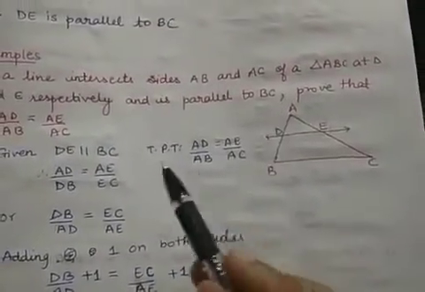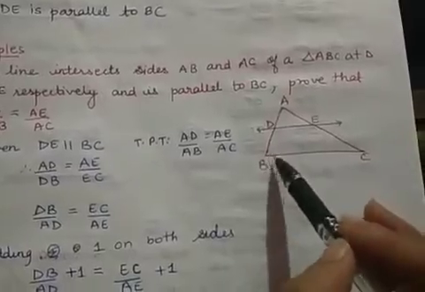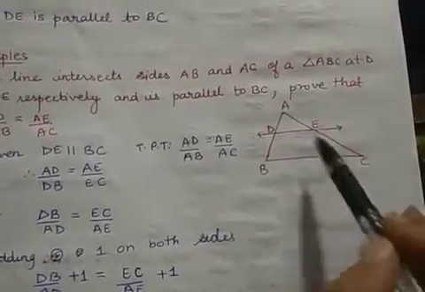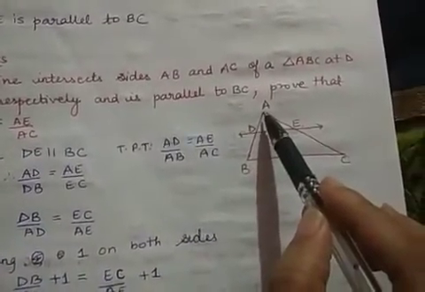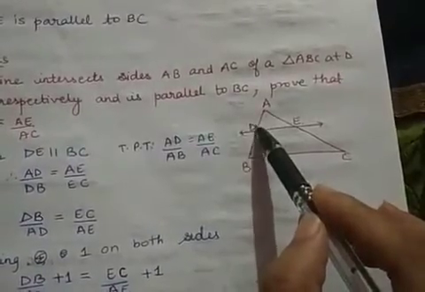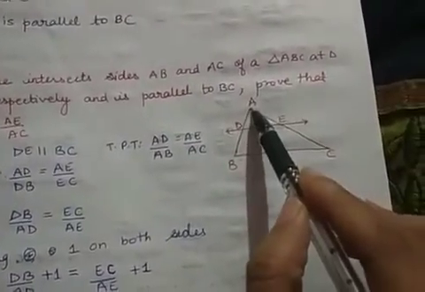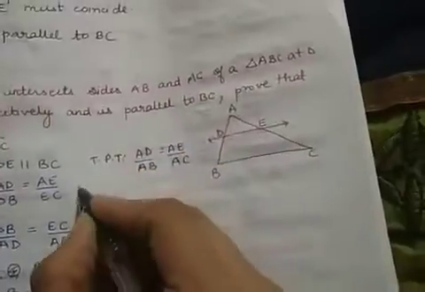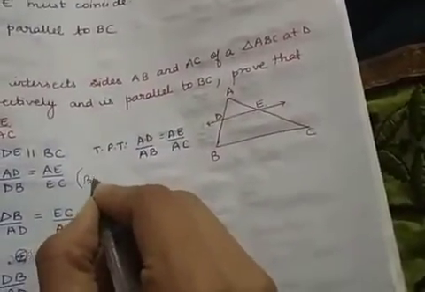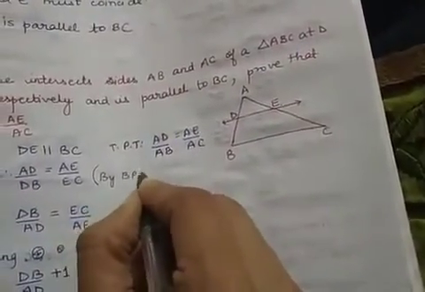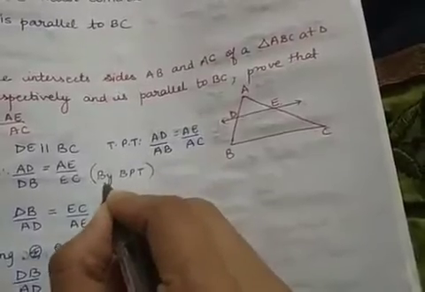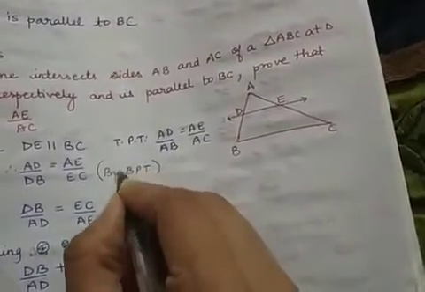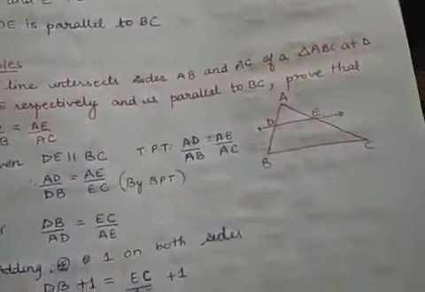Here it is given that DE is parallel to BC. So I can say by the basic proportionality theorem that AD upon DB will be equal to AE upon EC, right? How is this? By the basic proportionality theorem. So when you are writing for the exam, please write the full form of this.